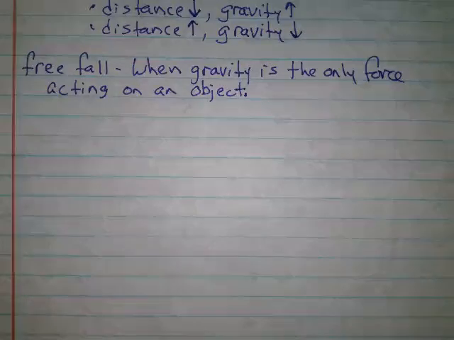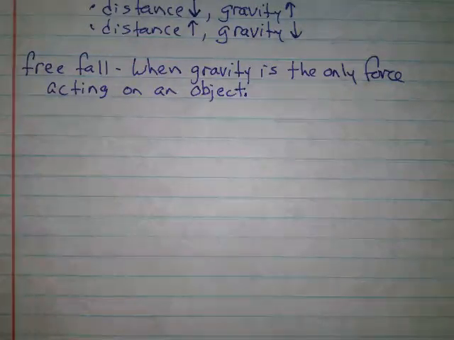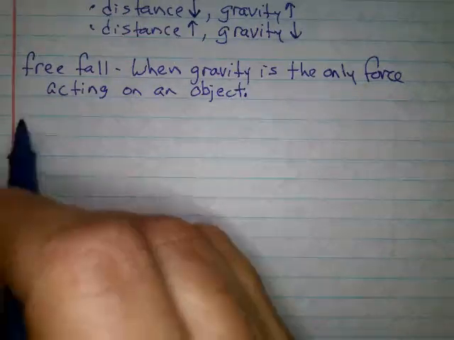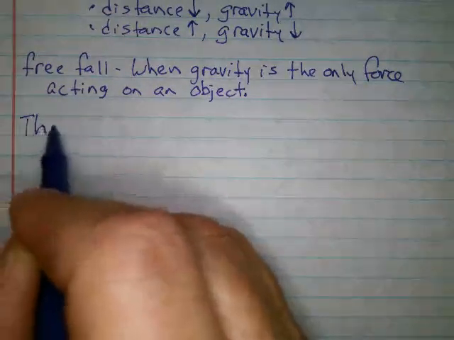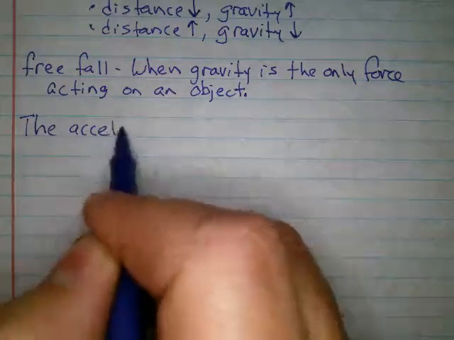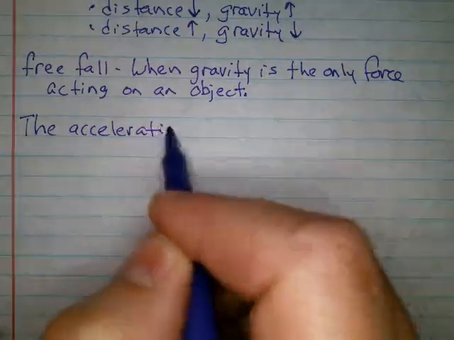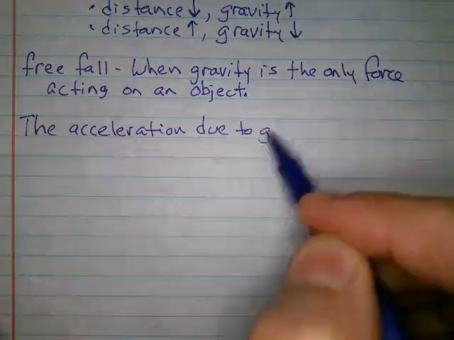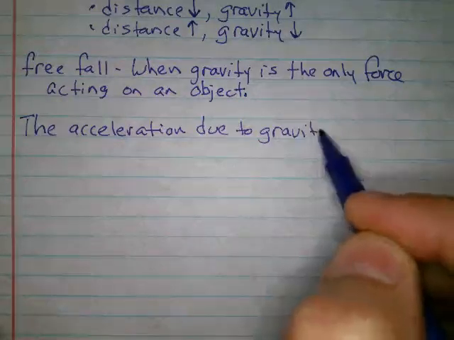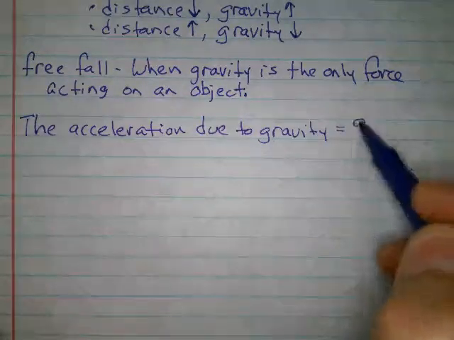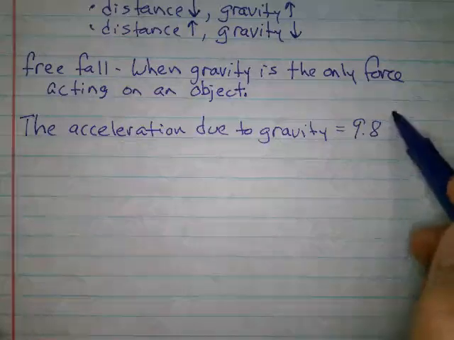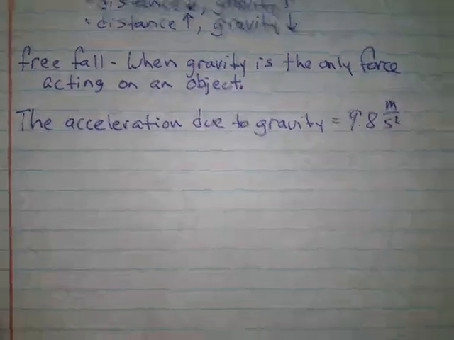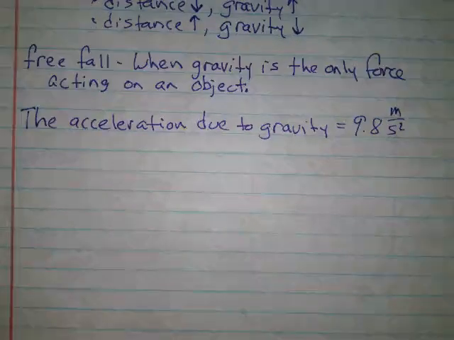The next thing, and this is an amazing thing, is the acceleration due to gravity. Gravity accelerates things. The acceleration due to gravity is equal to, and this is a very famous number that you should just memorize now because, one, it'll impress people at the dinner table, and two, you'll need it all the way through high school and college.